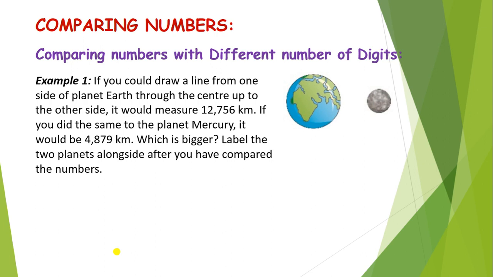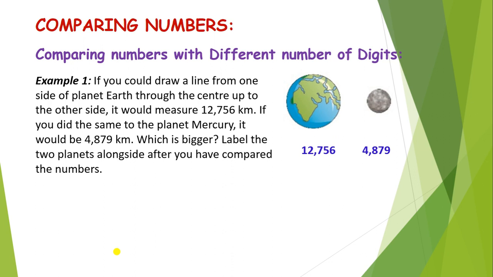So here by observation we can see which planet is bigger and which is smaller. Here we can easily compare them because there is a very big difference in their sizes. The diameter of Earth is 12,756, whereas Mercury it is 4,879.